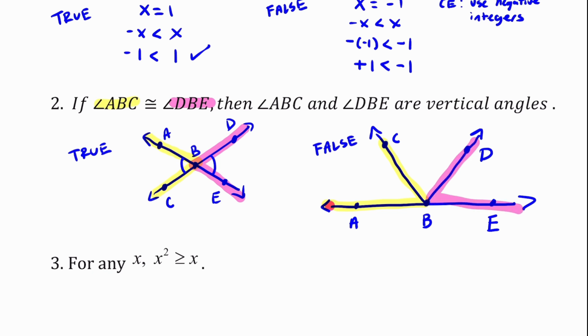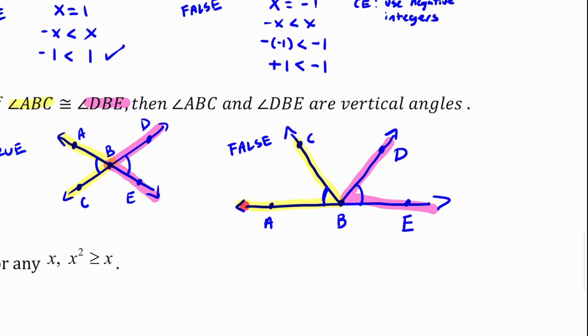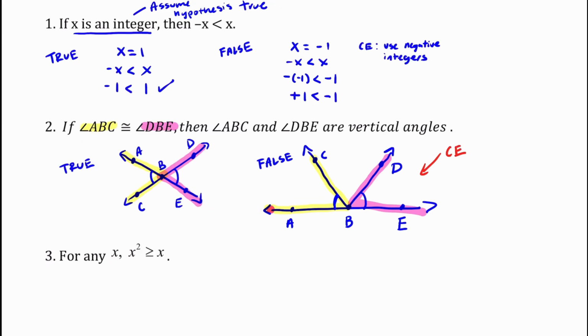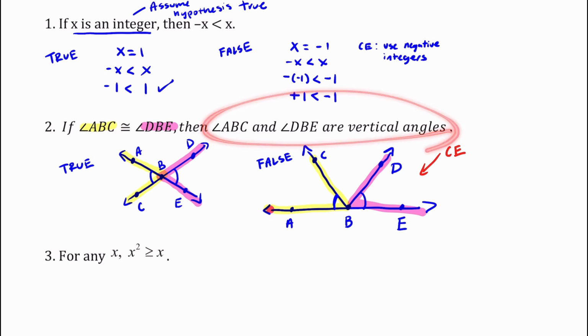And I'm going to say that angle ABC is congruent to angle DBE by drawing those arcs. So this shows that those two angles are congruent, not by vertical angles, just the fact that they are congruent. So this is my counterexample. Again, you're going to assume that the hypothesis is true and show that the conclusion is false by providing a counterexample. That's what I did for number 2.